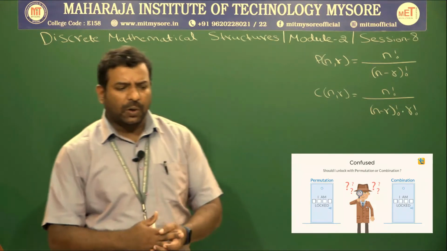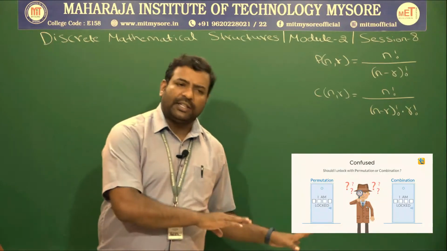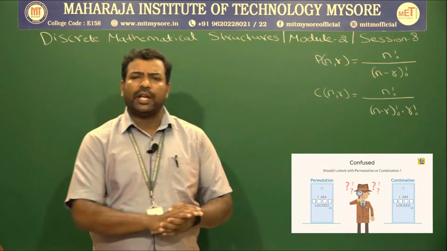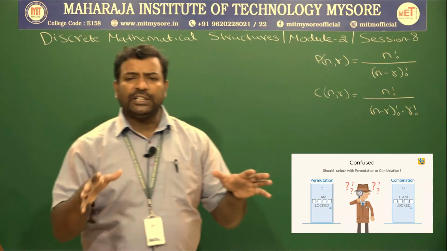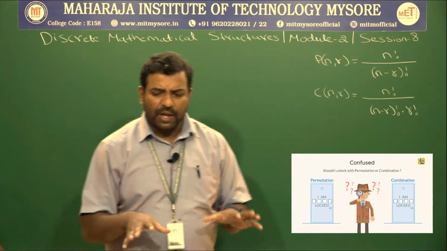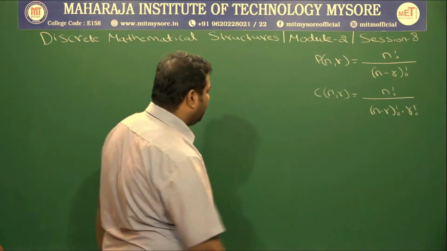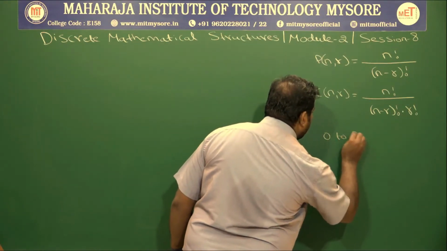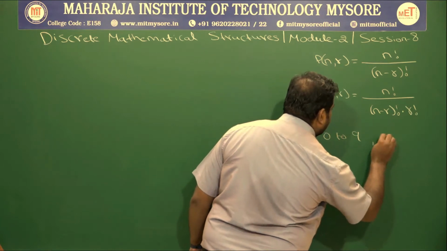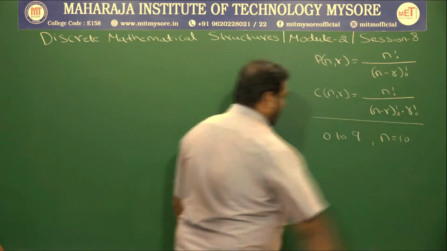But I'm sure the digits are going to be out of 0 to 9, that is the 10 digits available with me. So I'm going to say n equals 10.